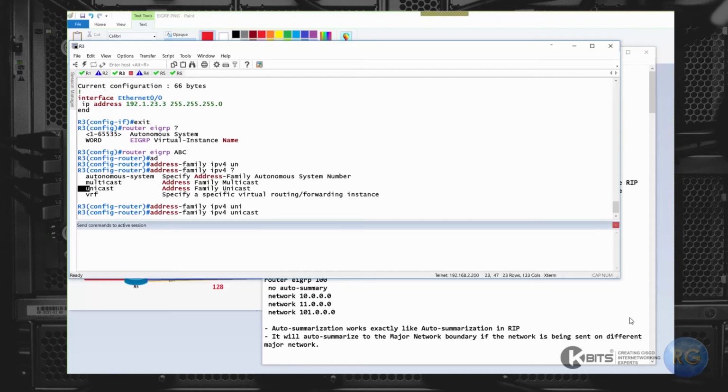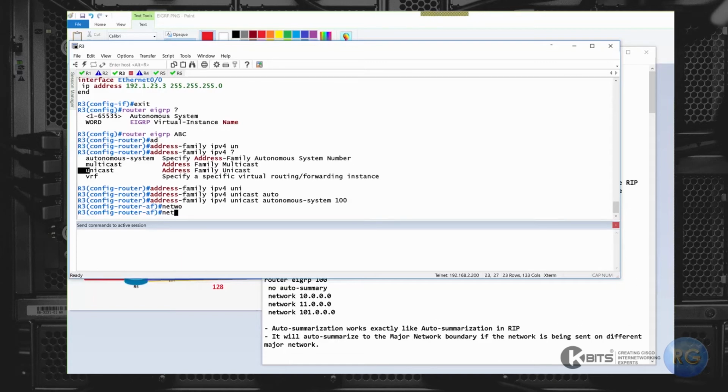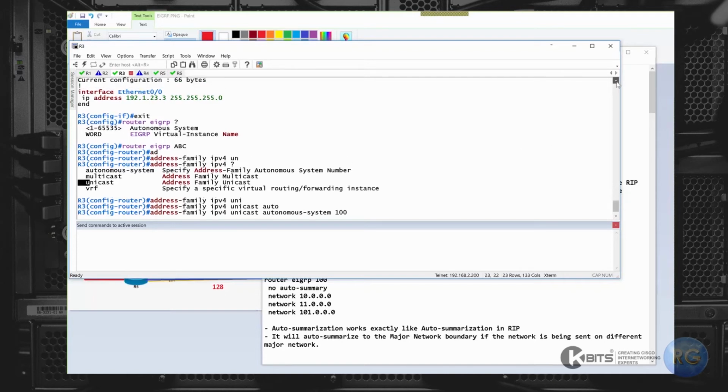Then I specify my autonomous system. Because the other guy is running 100, I'm going to do the same. Everybody okay with that? So now I'm inside my AS 100 configuration. Here is where I would do my network statements to start with. I have those network statements at the top. Let me just copy those.